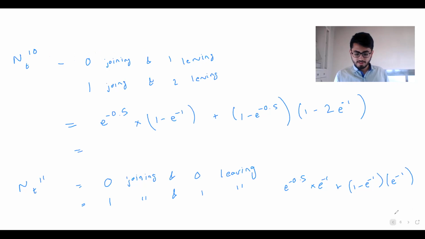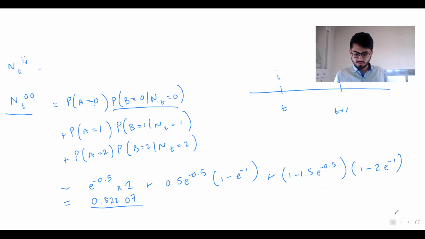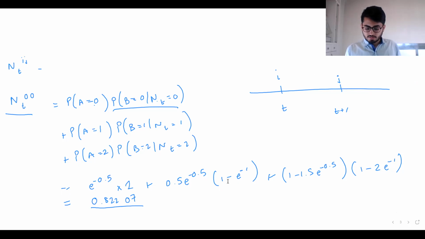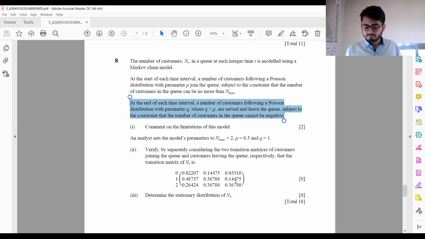Now note that we have already calculated this 1 minus e to the power minus 1, if I'm not wrong, or we haven't. So if I take you back to the solution, this 0.14475 comes out to be 1 minus e to the power minus 1. So we have already got that.